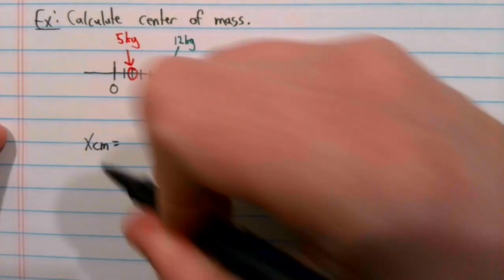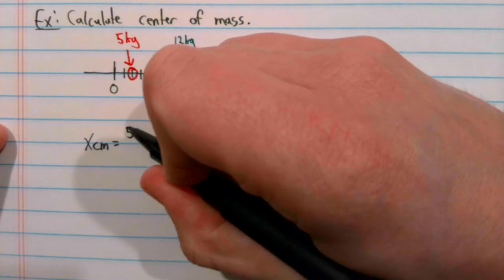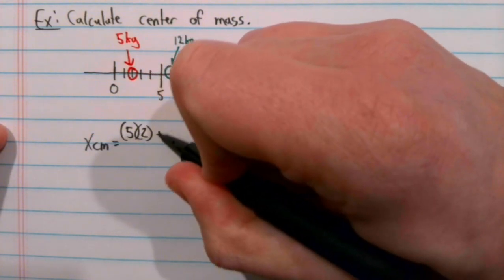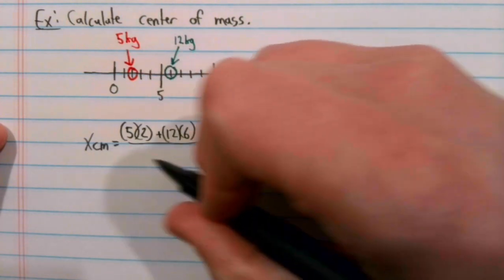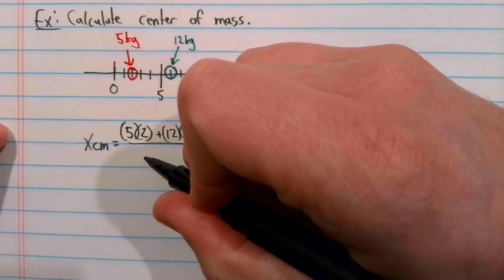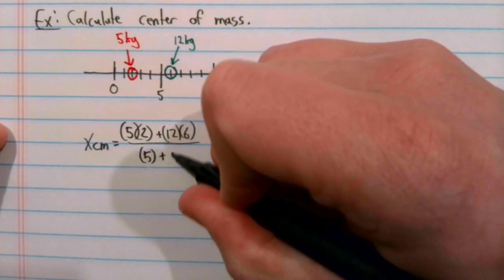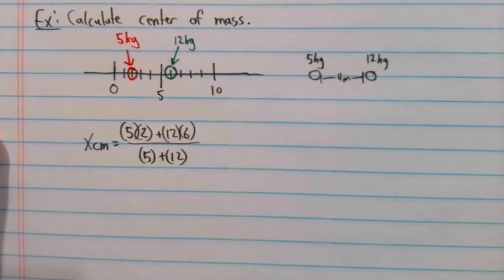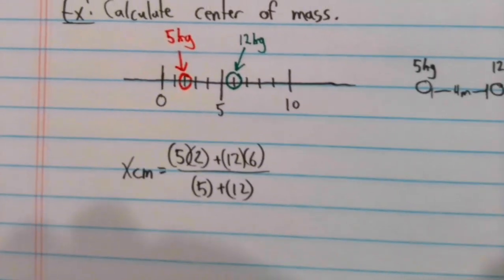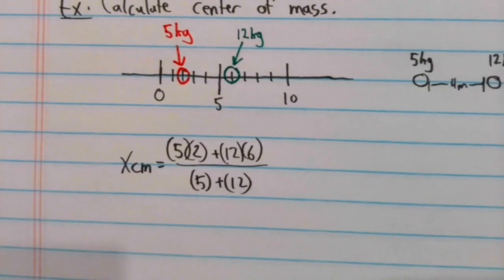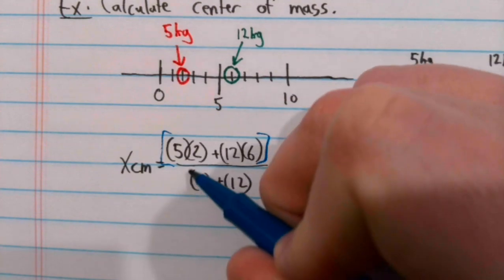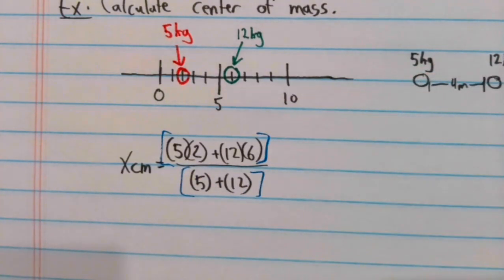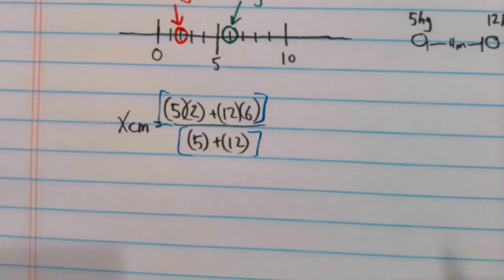So x center of mass is going to be 5 times 2 plus 12 times 6 divided by 5 plus 12. If you're following along with a calculator, it's important to have both your numerator and your denominator in parentheses for this problem because of that addition sign.